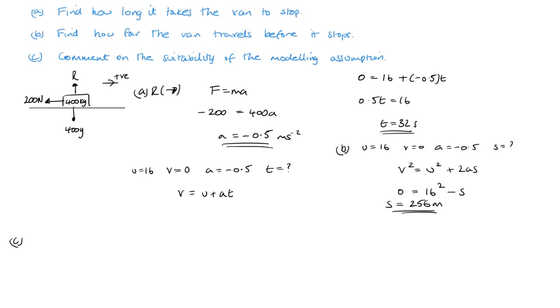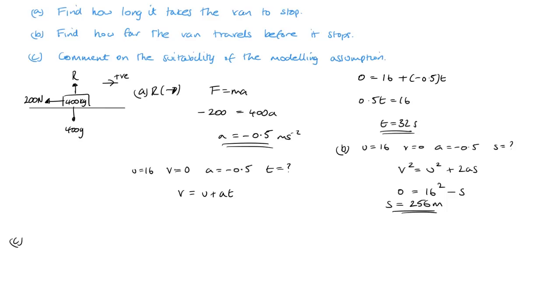A resistance force of the van travelling is never going to have a constant magnitude, because that resistive force is made up of air resistance, friction, and maybe other types of friction. So air resistance is greater the faster you go. So as the van starts slowing down, the air resistance decreases.